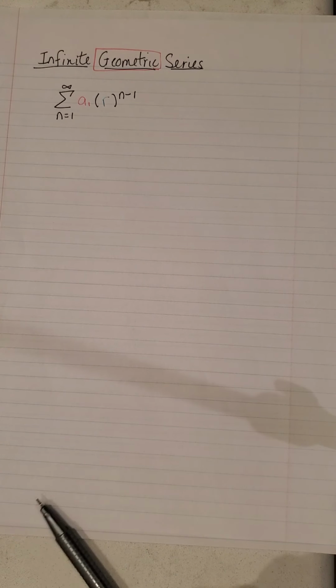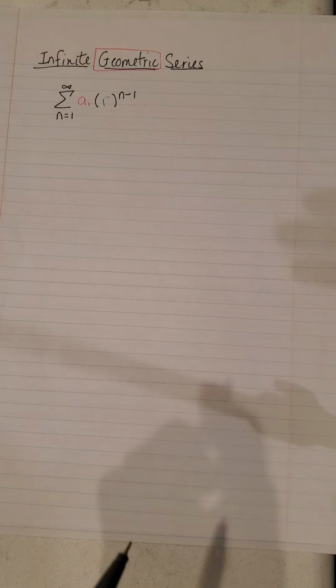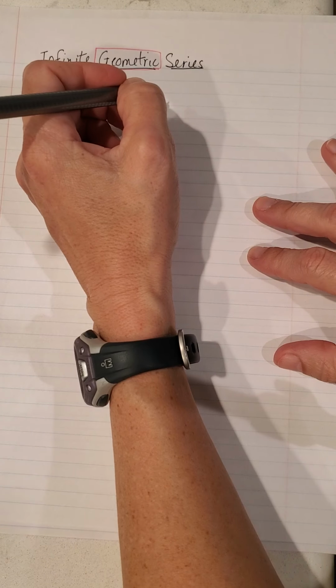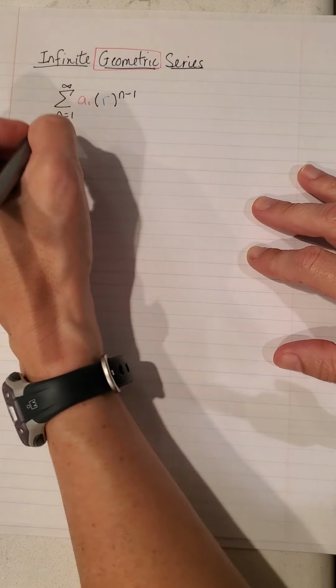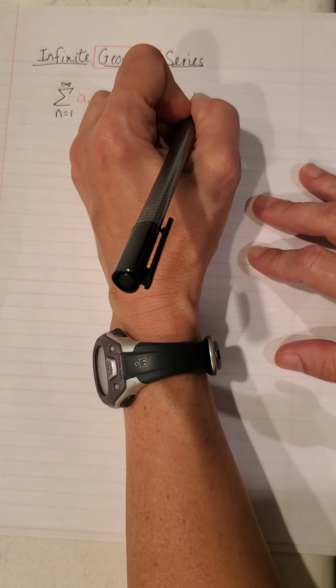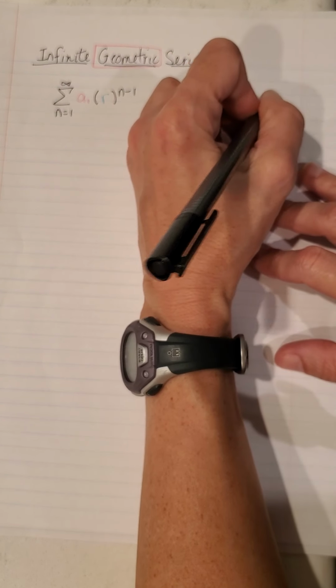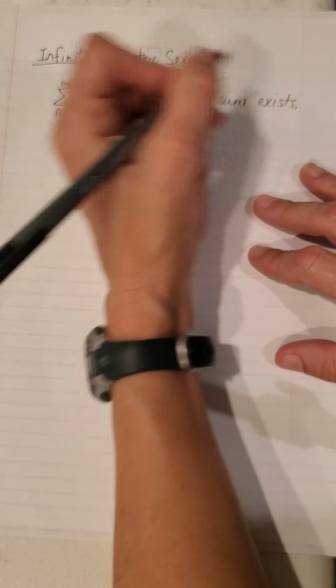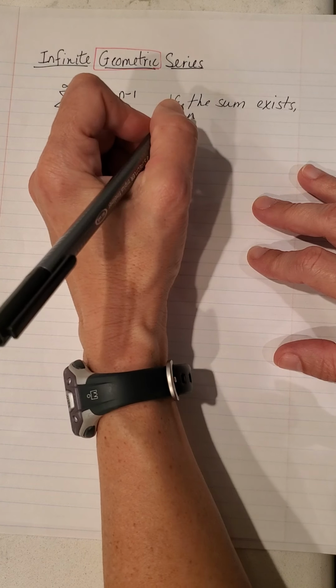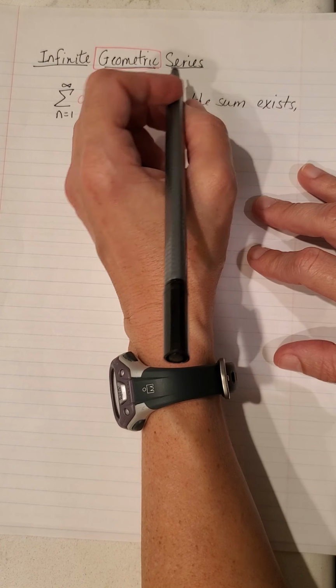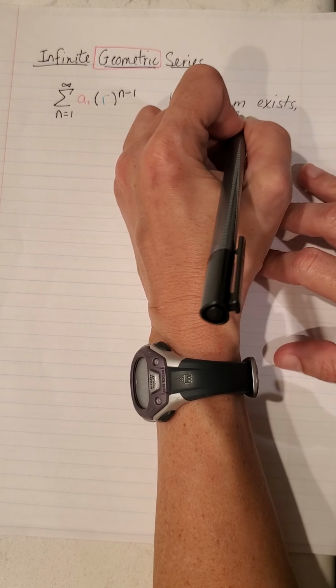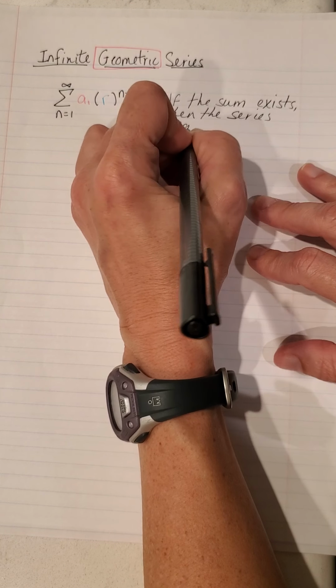And the important thing here is that if there is a sum, if the sum exists, then the series, or the function, I'm going to say the series, converges.